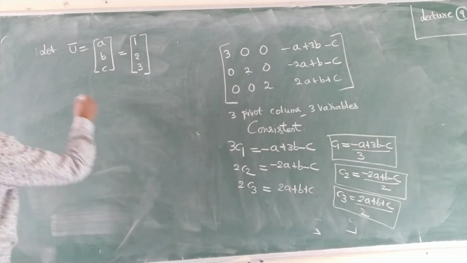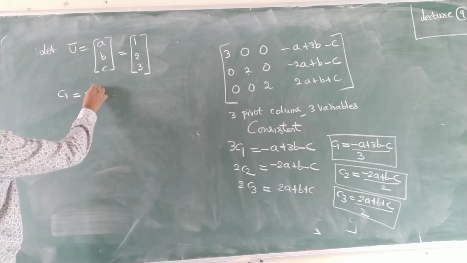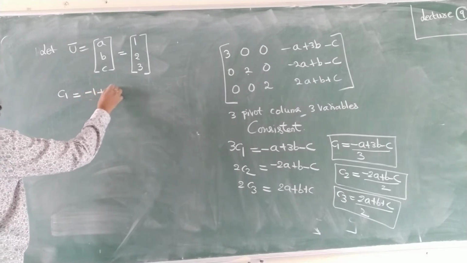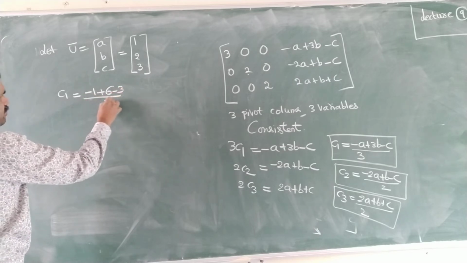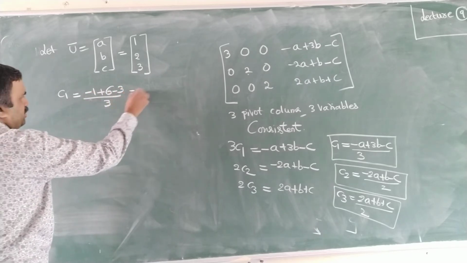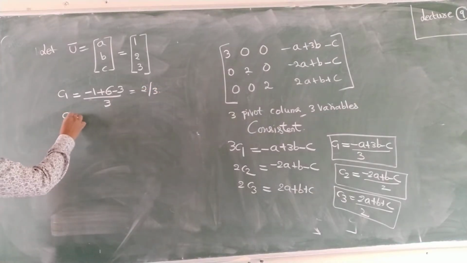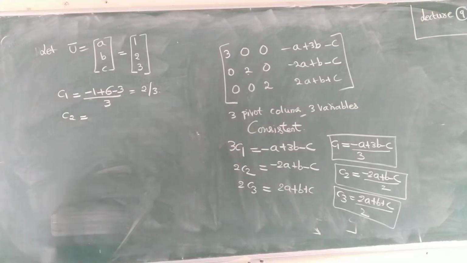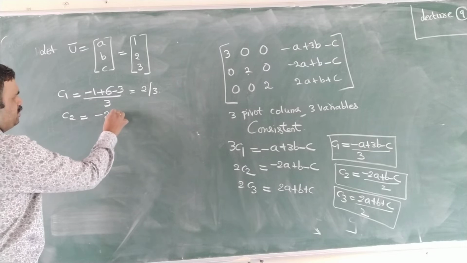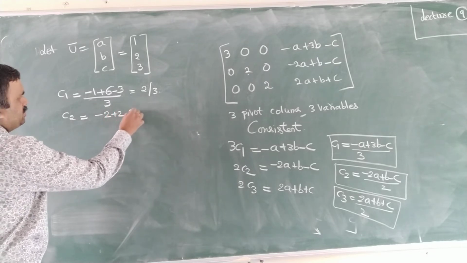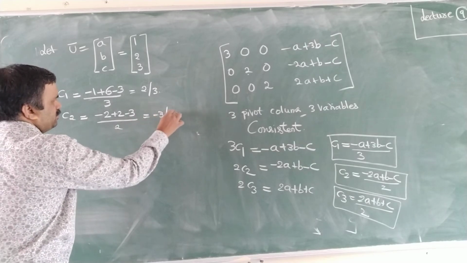Now let's find C1. C1 equal to (minus A, that is minus 1, plus 3B, that is 6, minus C) by 3. 6 minus 4, 2 by 3. C1 value is 2 by 3. I find C2. C2 equal to (minus 2A, minus 2, plus B value 1, plus 2, minus C value, minus 3) by 2. So the answer is minus 3 by 2.